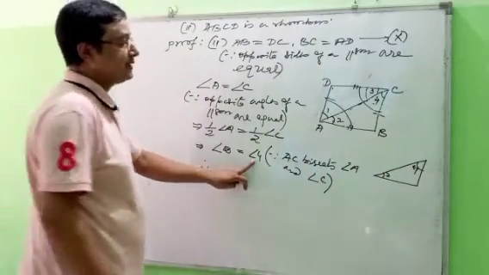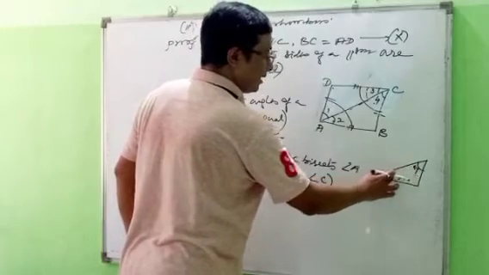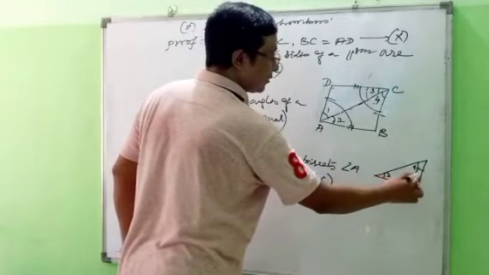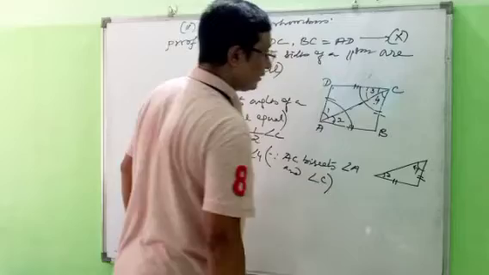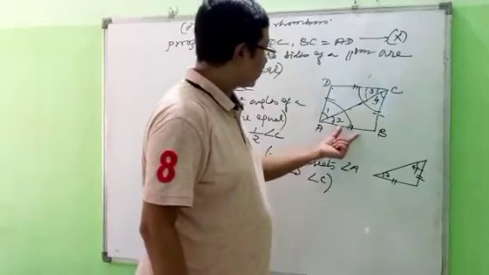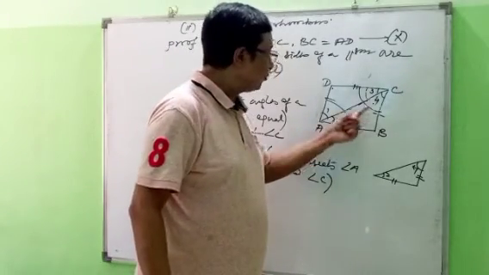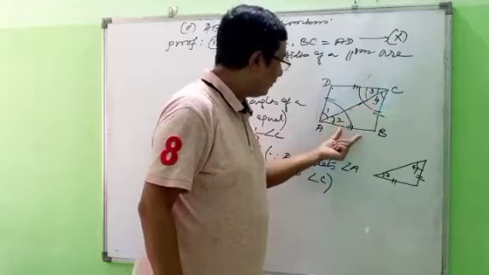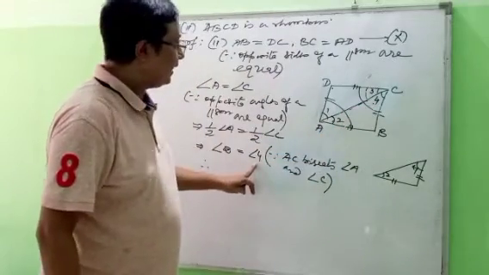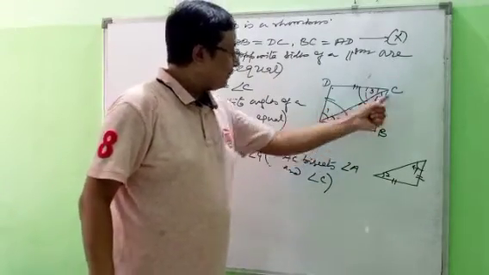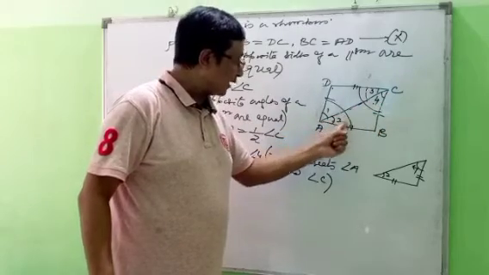That is why, since the opposite angles are equal, here the opposite sides are also equal. So the side AB is opposite to angle 4, and the side BC is opposite to angle 2.